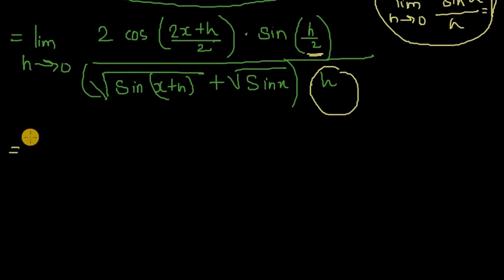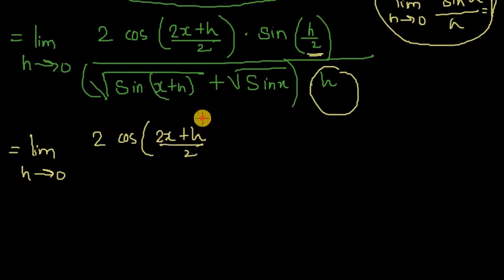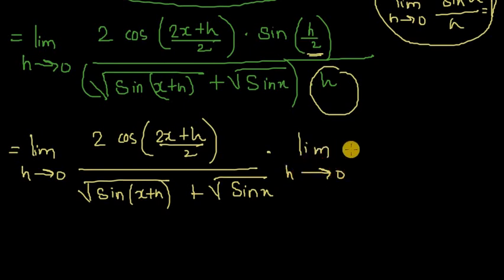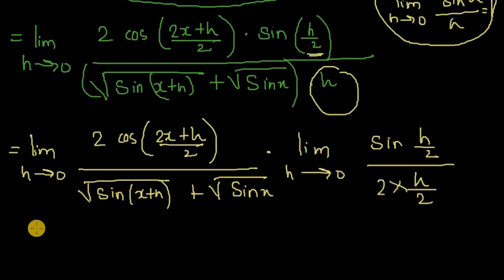So this is limit h tending to 0 2 cos 2x plus h by 2 upon square root sin x plus h plus square root of sin x into limit h tending to 0 sin h by 2. Now if I make this h as h by 2, I will have to multiply by 2 over here. Okay.